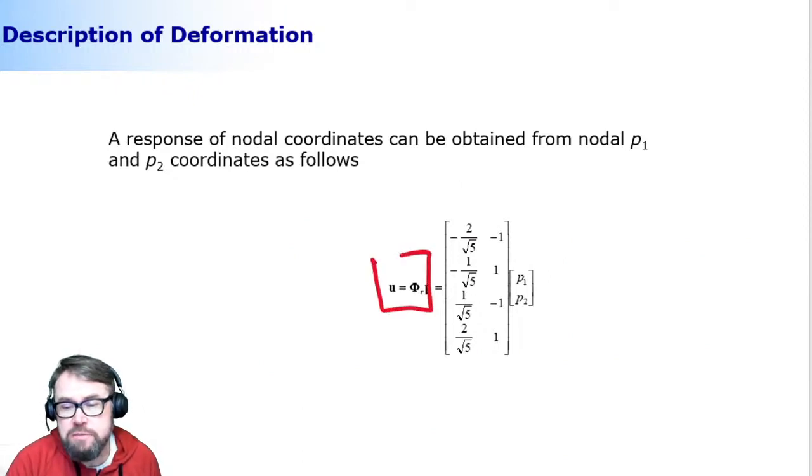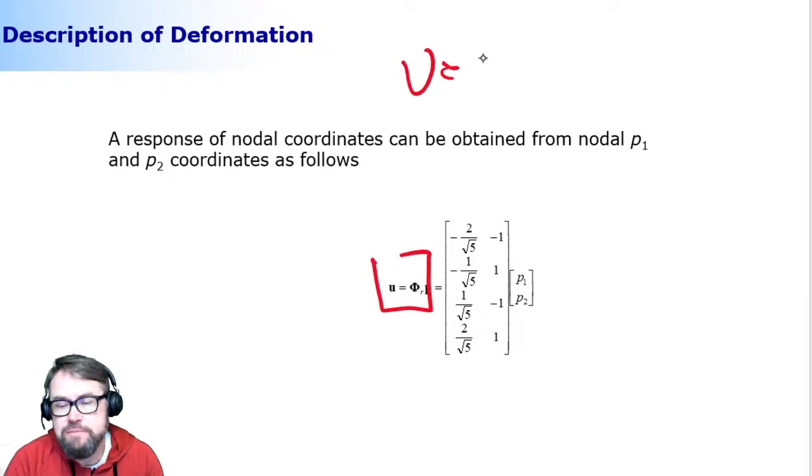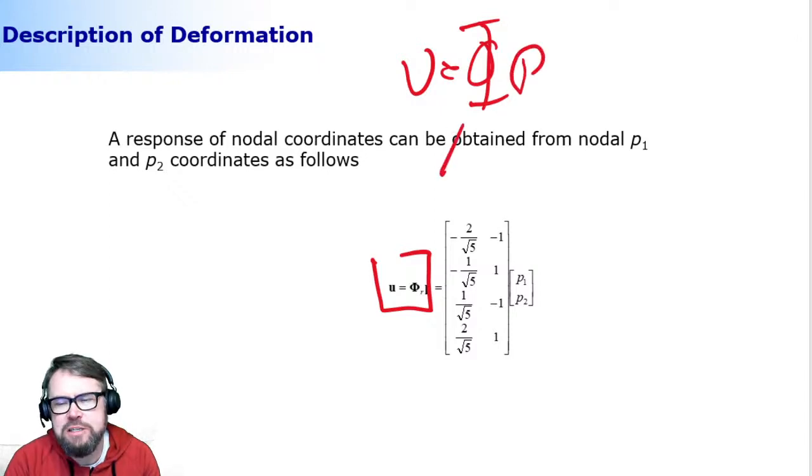You have this relation, which is u multiplied by, I have no idea what this is called, psi, phi, never mind. This is the way the structure can deform. This is my p's. These are the ones you're solving, and as a post-processing procedure, you can go back to the nodal degrees of freedom.